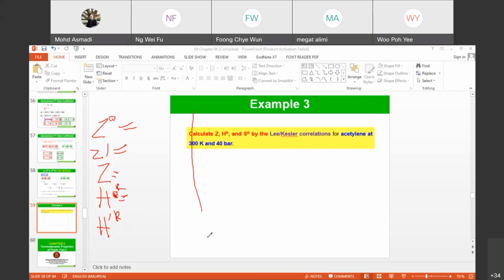And then what is the value for SR naught, SR?